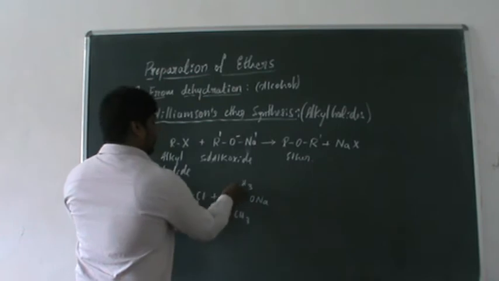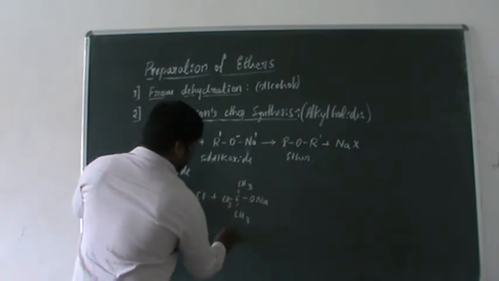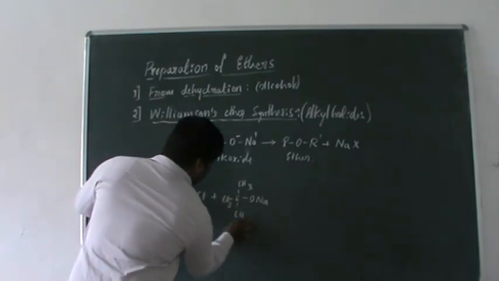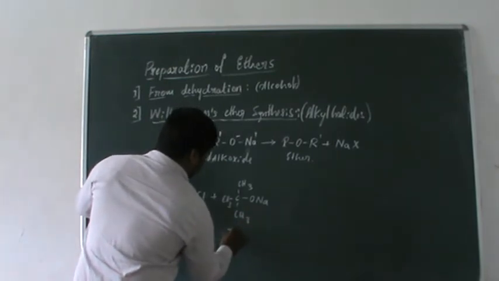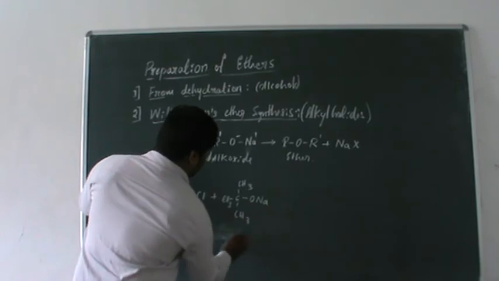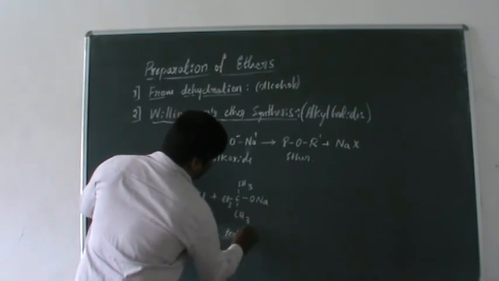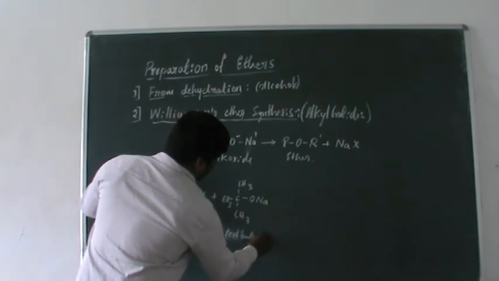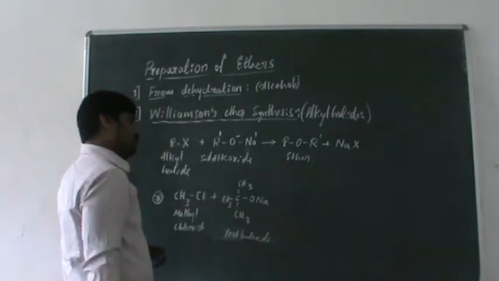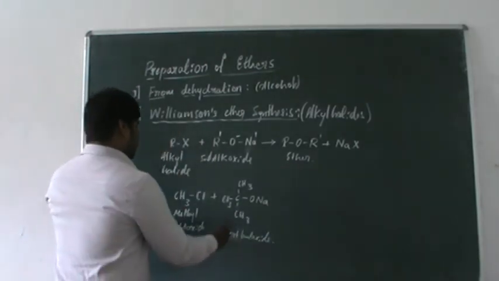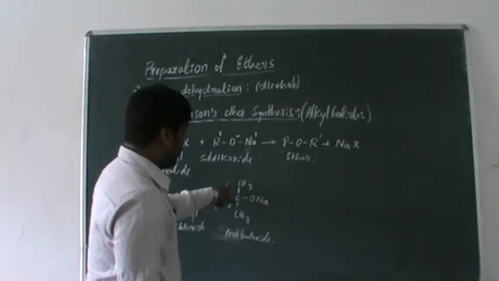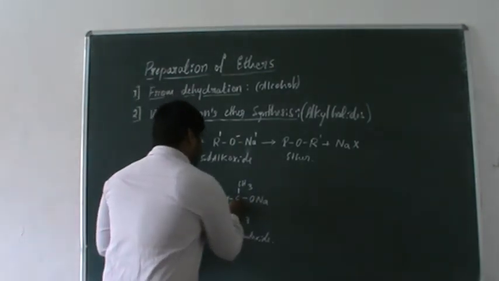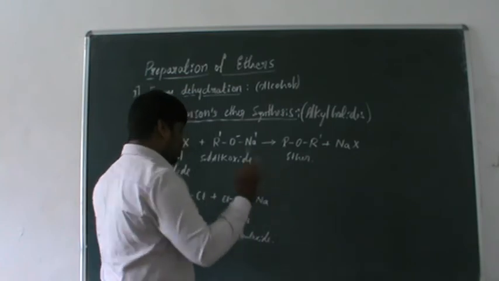So this is a 4 carbon compound. This one is sodium tertiary butoxide. Consider tertiary butoxide and methyl chloride. This one is primary and this one is tertiary. Then only the reaction is favoured. Why this reaction?